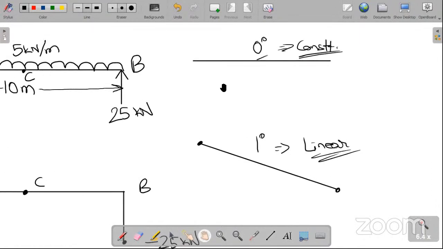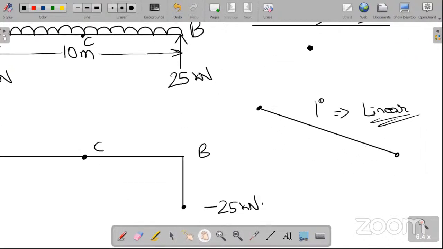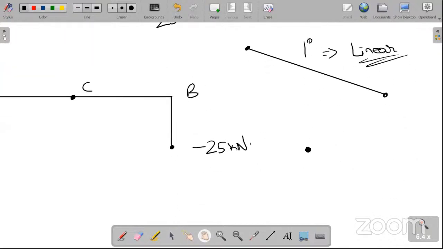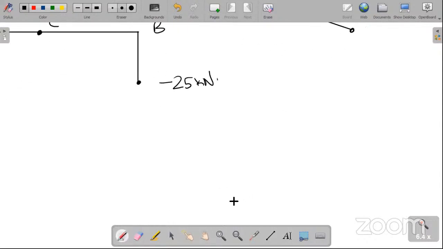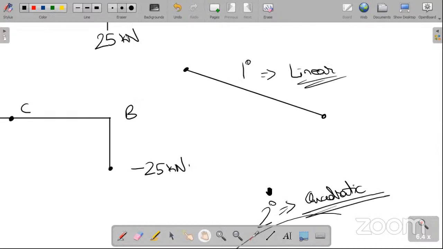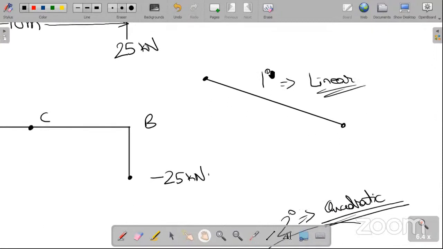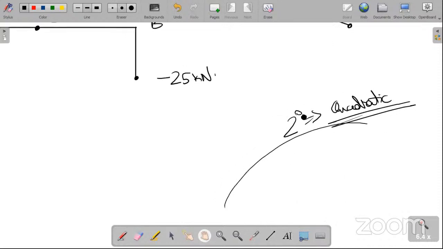See, one thing you can note is if your loading diagram is 0 degree or constant, your shear force diagram will be 1 degree because it will be 1 degree higher, and your bending moment diagram will be 1 more degree higher than the shear force diagram. That means your bending moment diagram would be like this, curved, 2 degree, which is quadratic. Okay, so your loading diagram, if it is constant, that is 0 degree, your shear force diagram will be 1 degree linear, and your bending moment diagram will be 2 degree, which is quadratic, which is a curve.